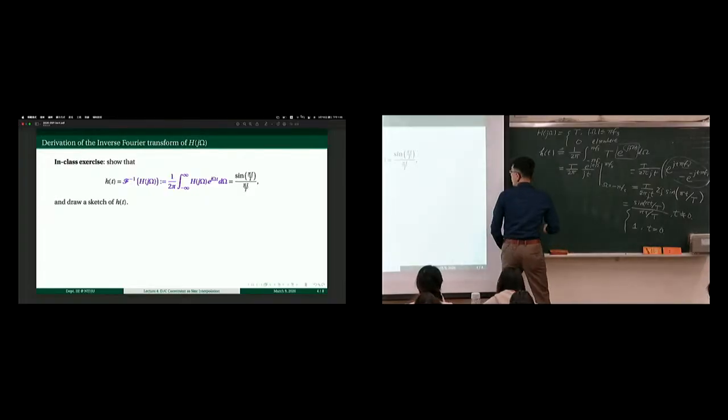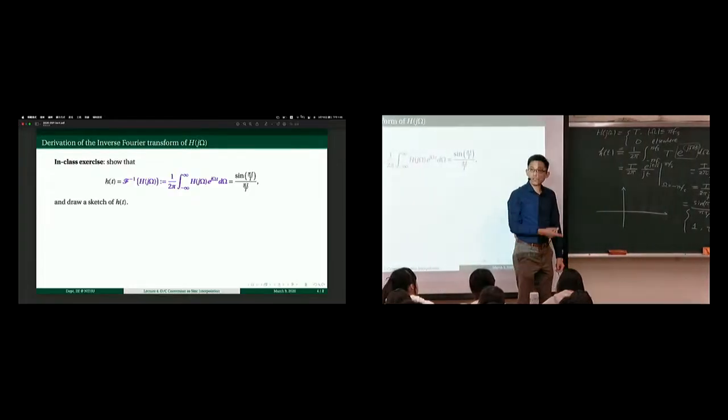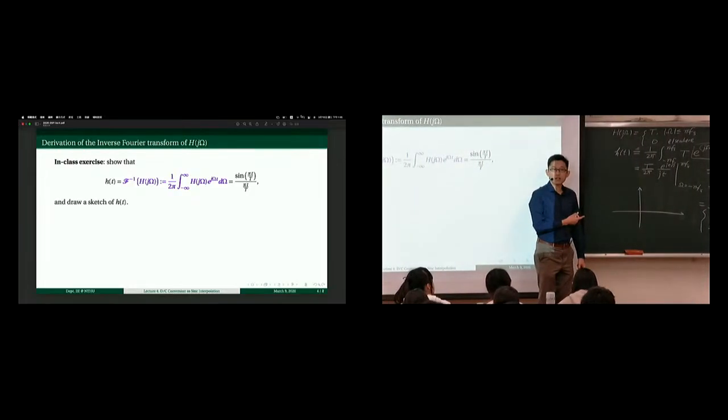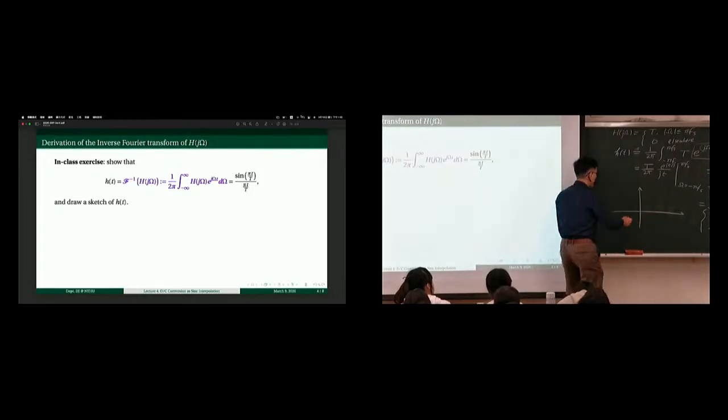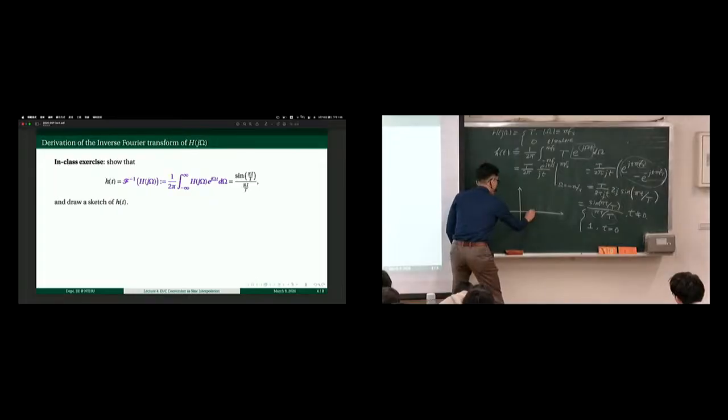So at this point, it might be good for us to make a sketch of h of t. Shall we do that? What do we mean by a sinc function? Okay, so let's just be sure. The sinc function has sine on top, so we expect that at integer multiples, it should be 0.